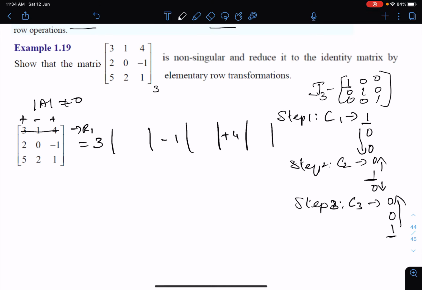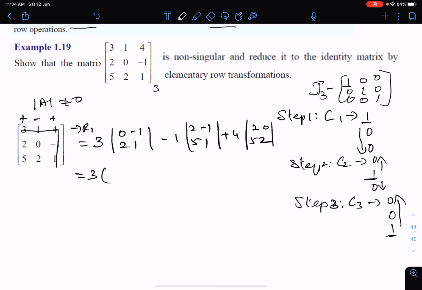What is our first minor? Eliminating our first row and first column, you will get 0 minus 1, 2 1. Similarly, eliminating our second column, you will get the second minor 2 minus 1, 5 1. Eliminating our third column, you will get your third minor 2 0, 5 2.